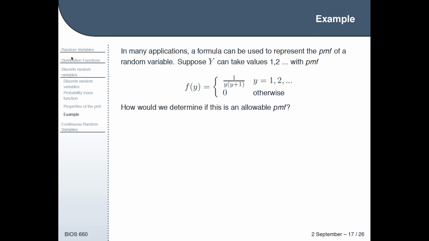And to get the density function, we can just differentiate the cumulative distribution function, which in this case turns out to be lambda times e to the minus lambda x. As an aside, this is the density function for an exponential random variable, which we'll be discussing in more detail later on.